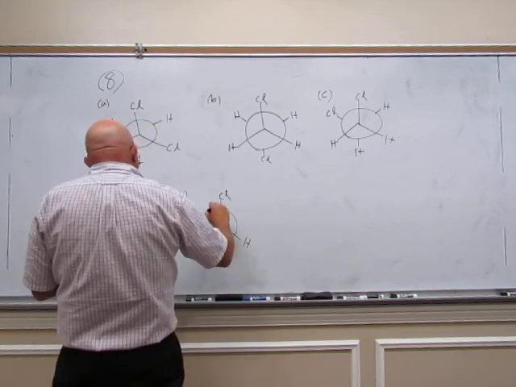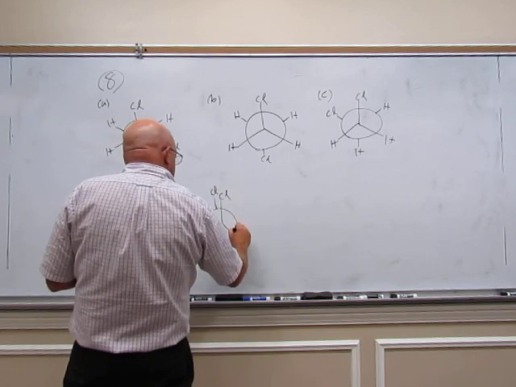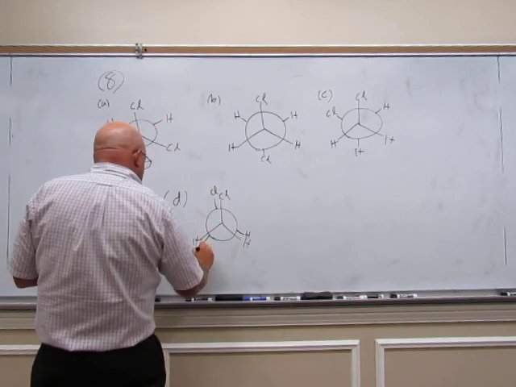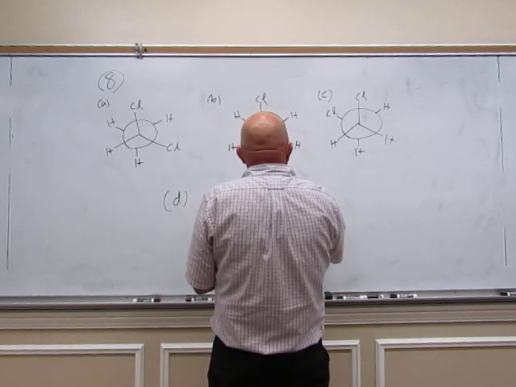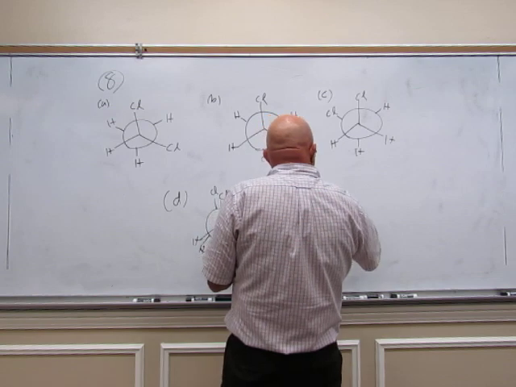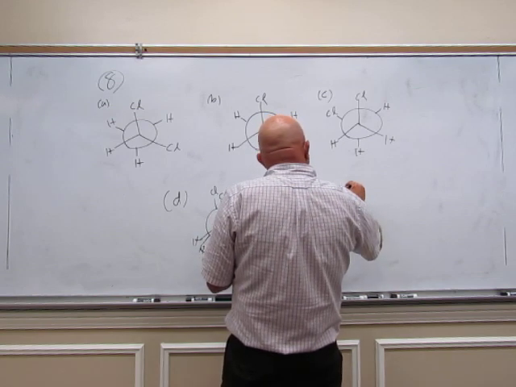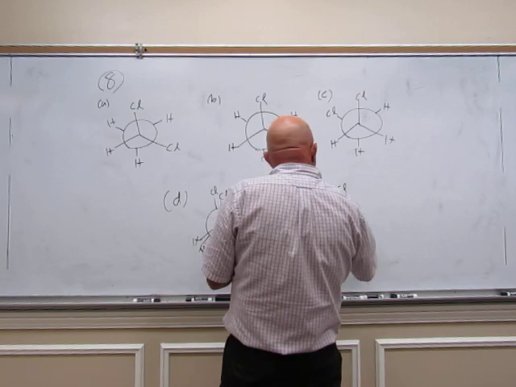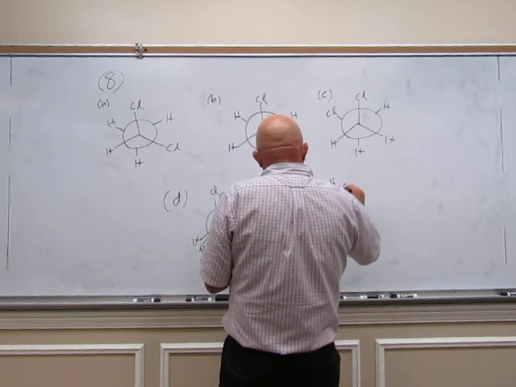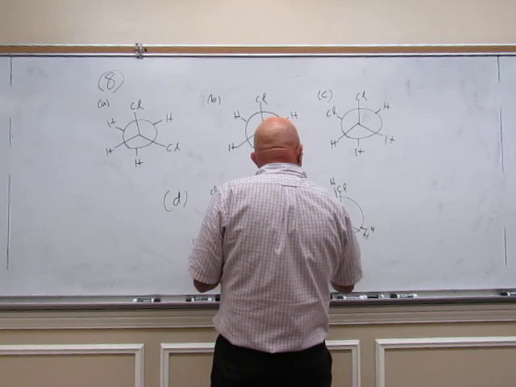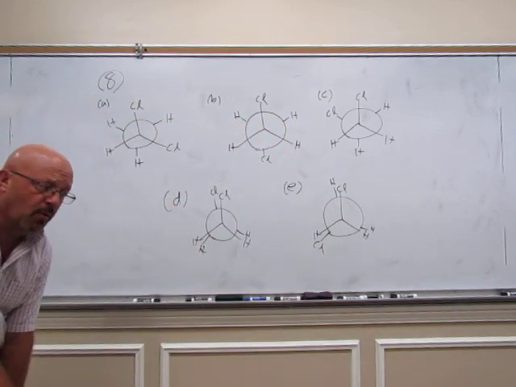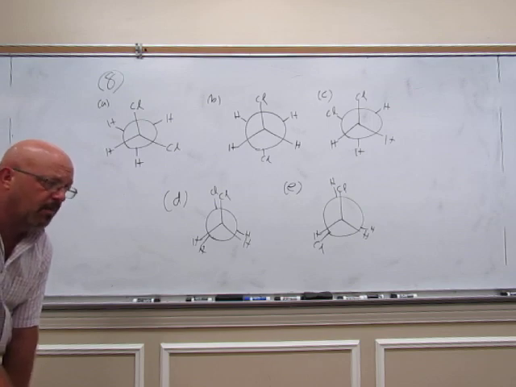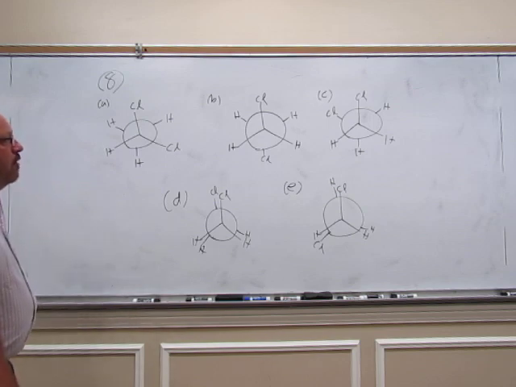Now, first thing that we need to do is make certain that they're 1,2-dichloroethanes. Let's just examine these structures first before we start trying to pick out most stable or least stable. Make certain they are 1,2-dichloroethanes.